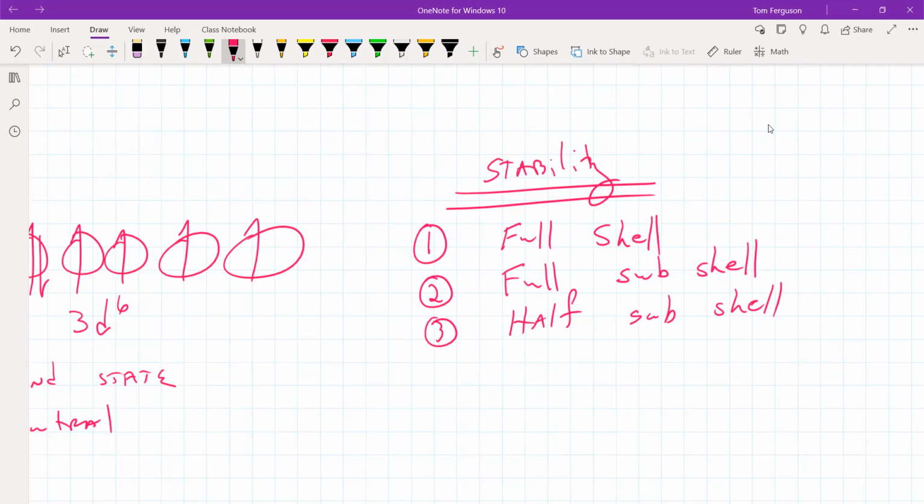And then lastly, nothing to do with subshells or shells. That's where iron sits now. This is neither half full or full. So it's at the lowest stability level.